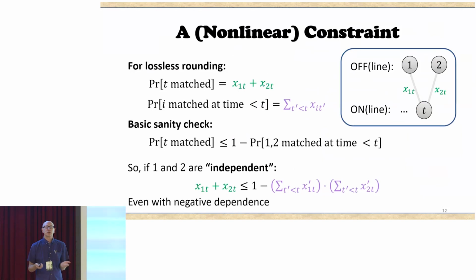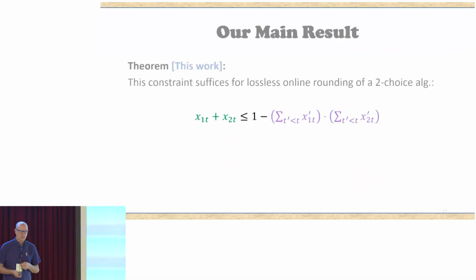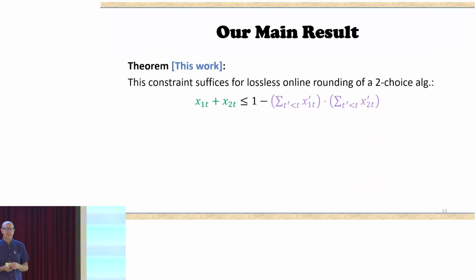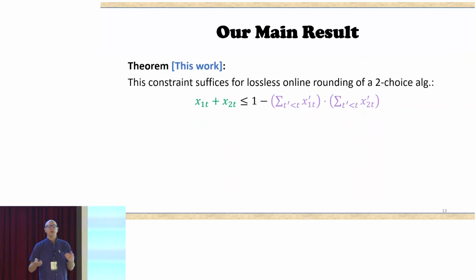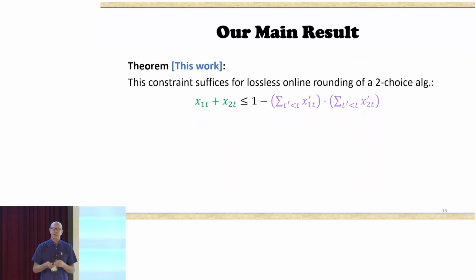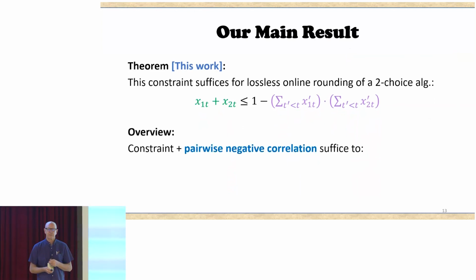And actually, this should even hold when we have negative correlation between 1 and 2. So this is our basic constraint that we want to add to the online fractional algorithm.